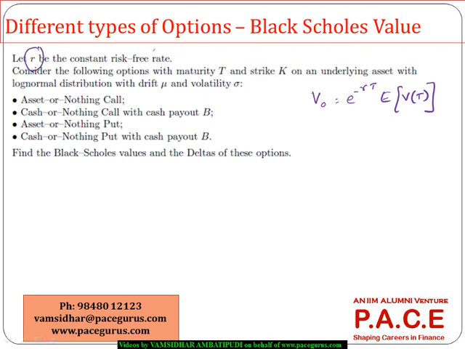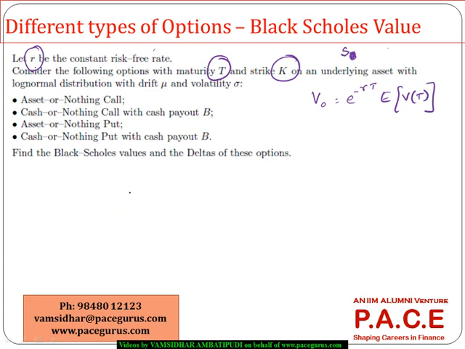So take r as the risk-free rate of return, which is constant, maturity T, strike price K, underlying asset ST with a current price of S0 with a log normal distribution with the mu and volatility sigma.